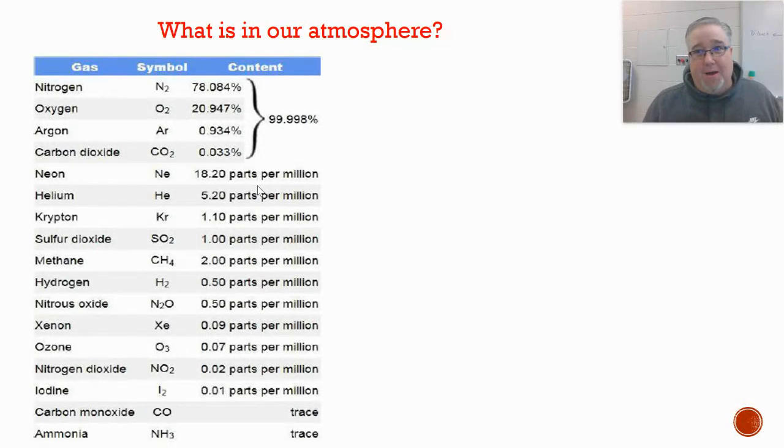So 99% of our air is nitrogen and oxygen. If you drew a line underneath oxygen and looked at all of these other things, that's basically the other 1%. Some things are a little more abundant than others, argon and carbon dioxide a little higher than some of these other ones, but everything underneath oxygen is very, very minimal.